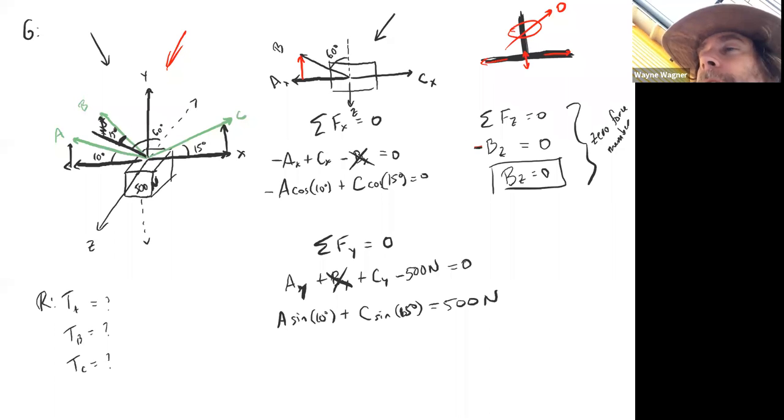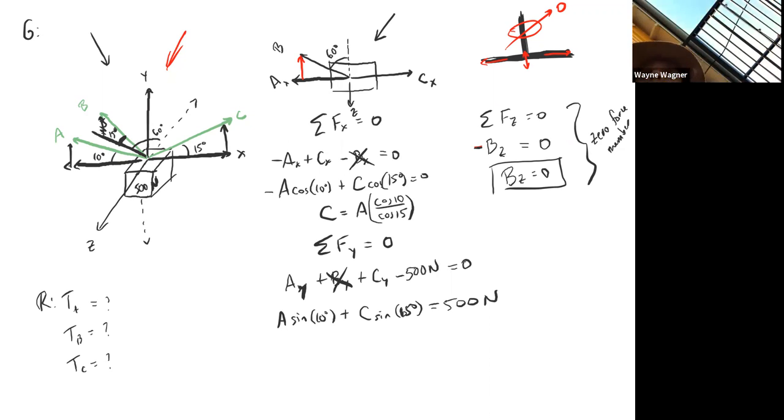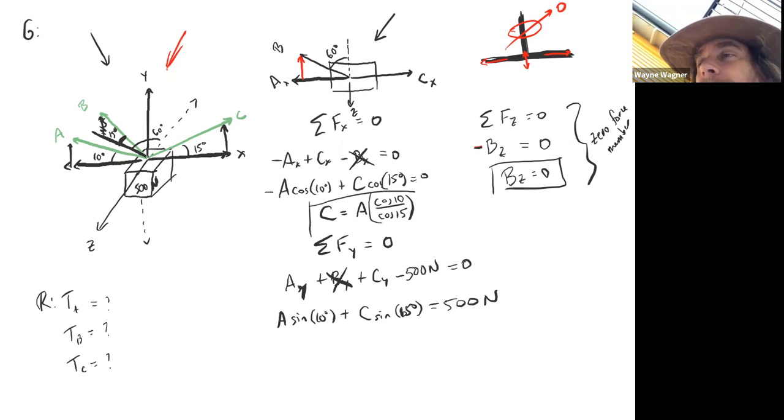Okay, and then just to solve this thing right here, I could say C equals A cosine 10 degrees divided by the cosine of 15 degrees. I actually don't have a calculator on me, so in this one we're going to solve kind of wonky like that, but it's okay. If I had a calculator, I could plug that in.